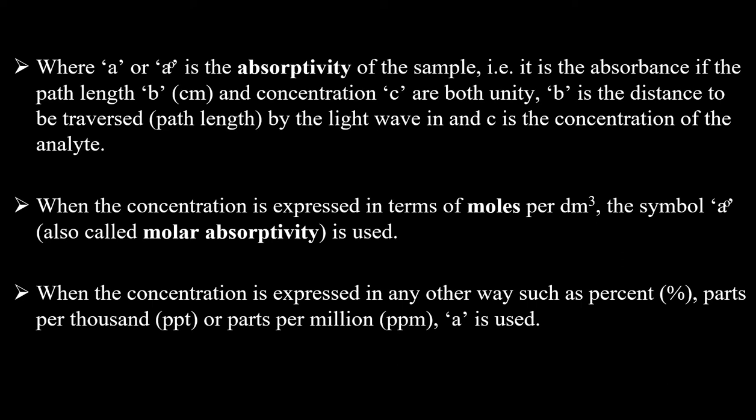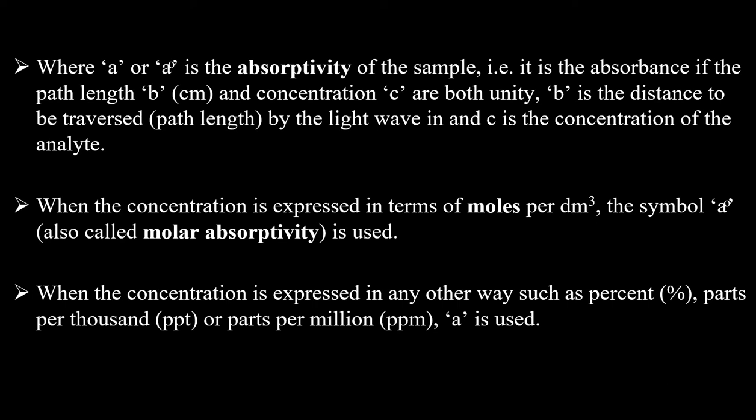b is the distance traversed, that is the path length, by the light wave, and c is the concentration of the analyte. That means b is the path length, the distance through which the wave travels, and c is the concentration of the analyte.